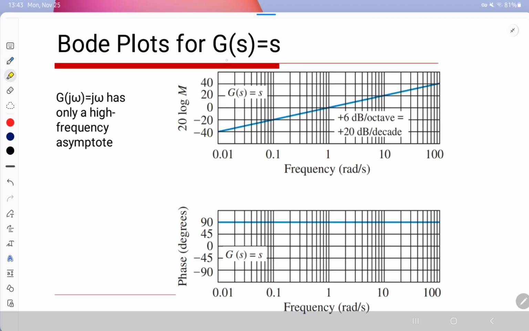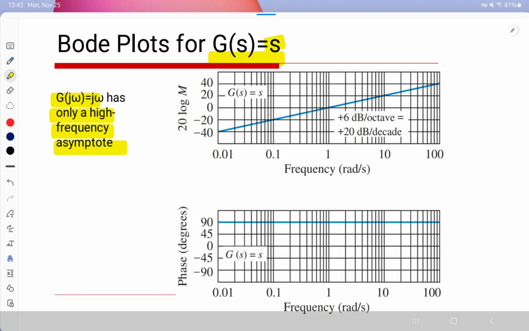You know that Bode plot for just a single 0 at origin, where S equals 0, you will have G over omega, which is purely J omega. It only has high frequency asymptote. There's no low frequency element.